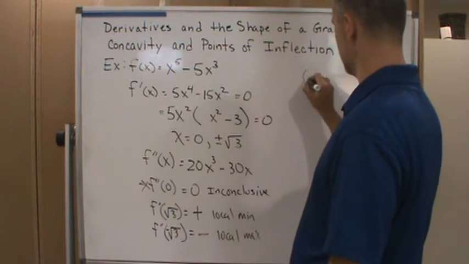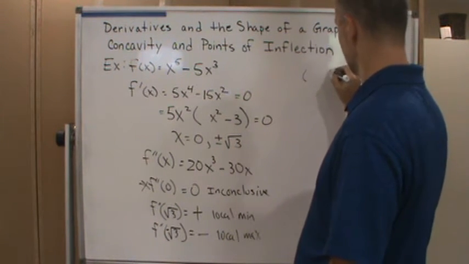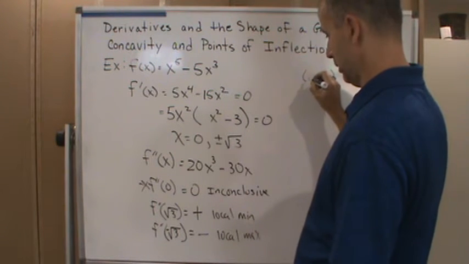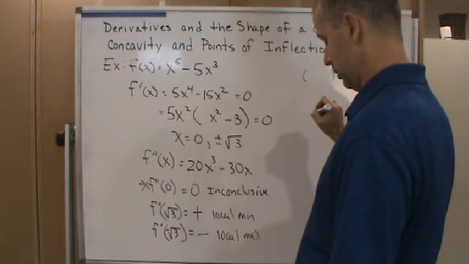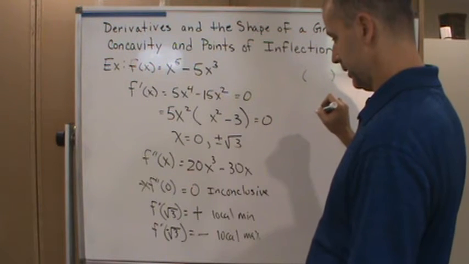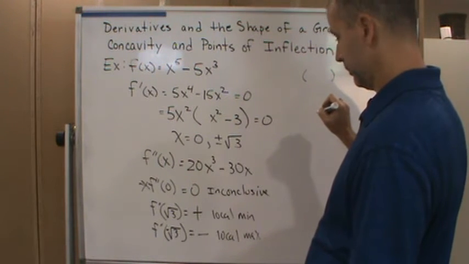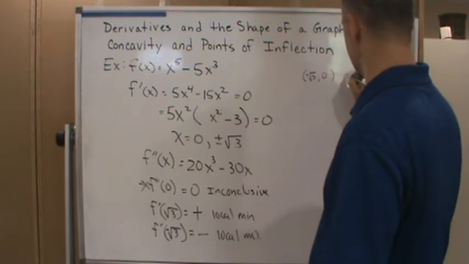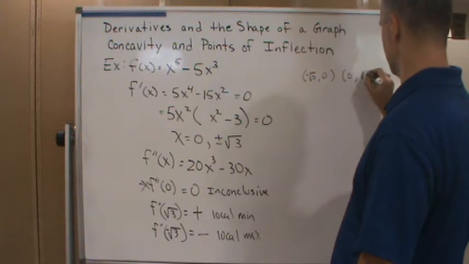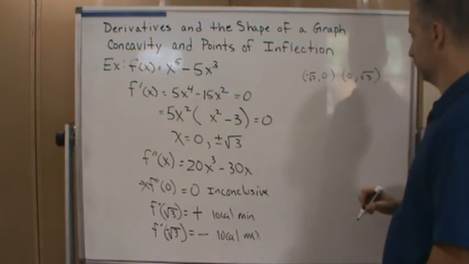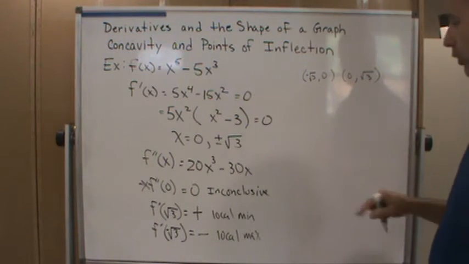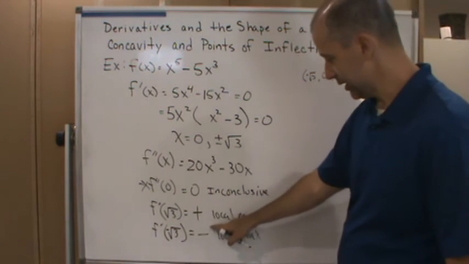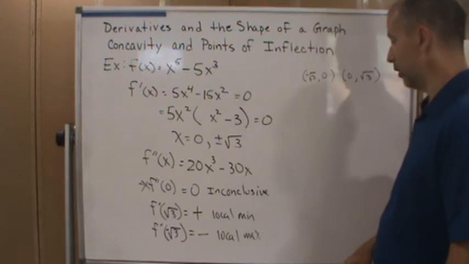So what we're going to do is look at negative square root of 3 to 0 and 0 to the square root of 3. We could just go from negative infinity to here because, remember, it's telling us it's concave down.